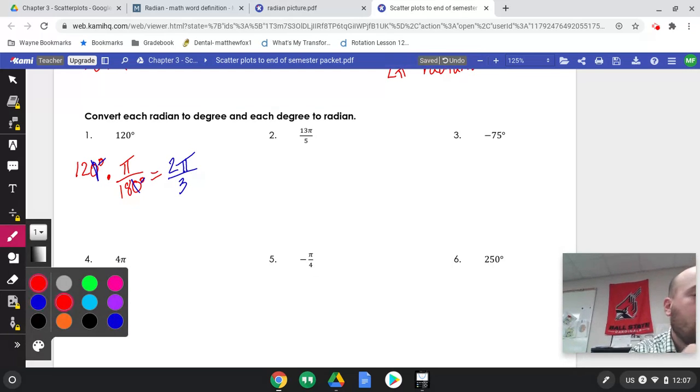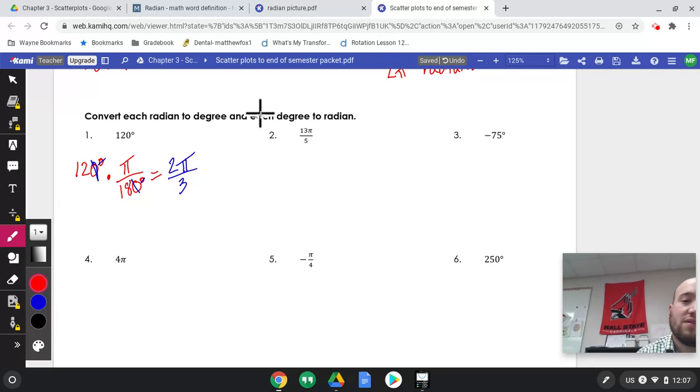Now, conversely, on this one there's no degrees, which means we need to get degrees, so when we write it, degrees will have to be on the top. So 180 degrees goes up top, the pi goes on the bottom.